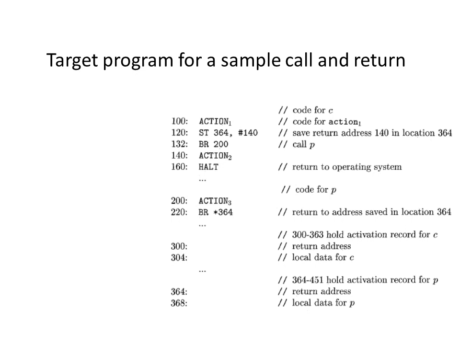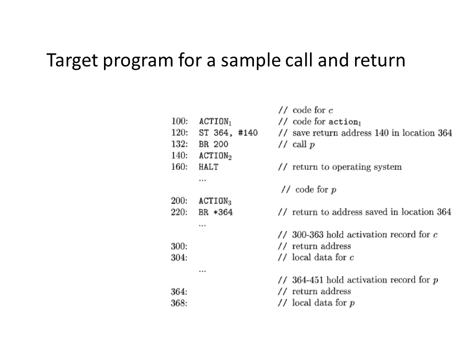So in 100 we have the code for action 1, which is the procedure C, and ST 364, #140 is nothing but save return address 140 in the location 364. That is the meaning. BR 200 means just call the procedure P, because that procedure P is located at the address 200.